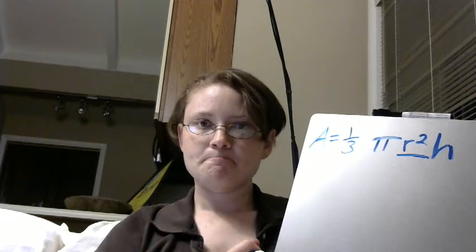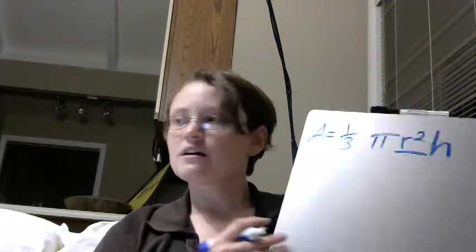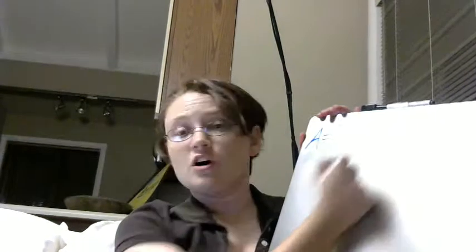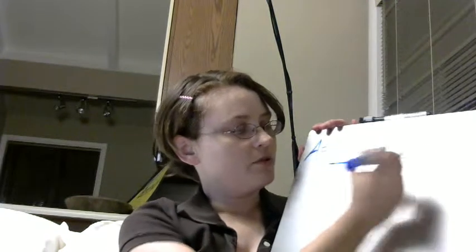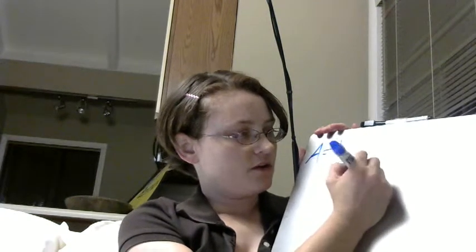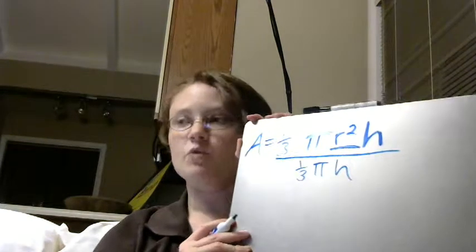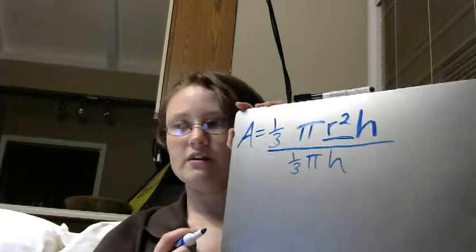Okay, assuming that you have paused, worked it out, and you're back, let's work through this together. I'm going to divide both sides. I want to get r by itself, okay? I'm going to divide both sides by 1/3 pi h. Because now we're already on step 4, because steps 1 through 3 didn't apply here.